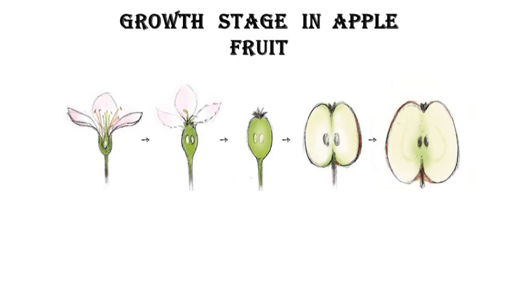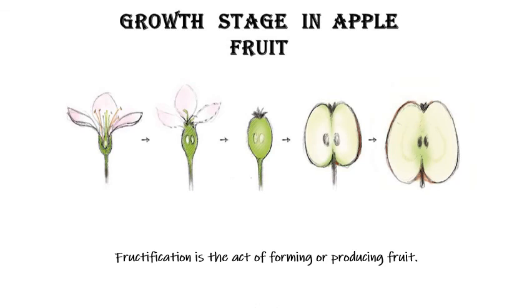It's actually the ovary that turns into a fruit. After meeting the pollen grains, we have the seeds forming inside the ovary. This ovary will grow into a fruit. This step is called fructification. It's the act or the process of making and producing fruits.